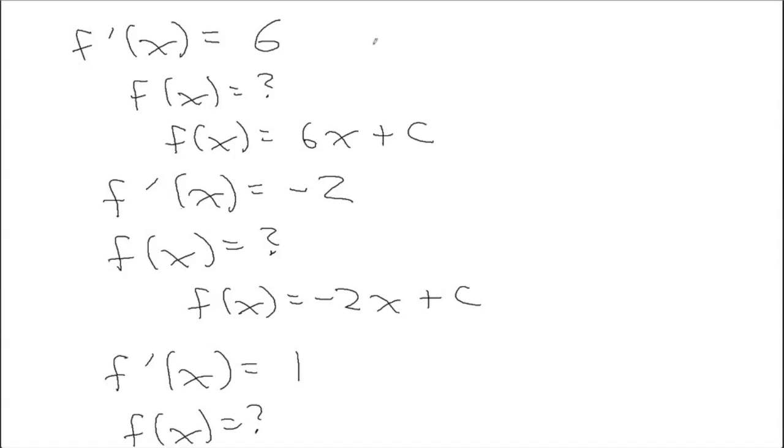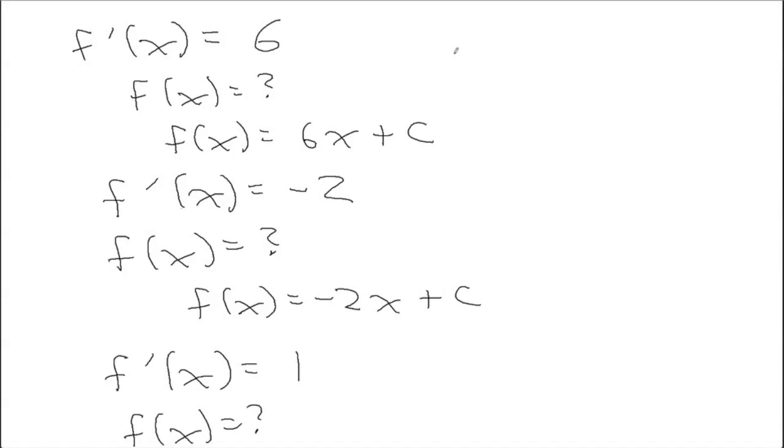As x increases by 1, the function f increases by 6. In general, it would increase by approximately 6. But in this case, because the derivative is a constant, it would increase by exactly 6. Okay, good. That's a correct interpretation. What I was going for there, though, was another interpretation that we called the graphical interpretation. What's the graphical interpretation of the derivative?